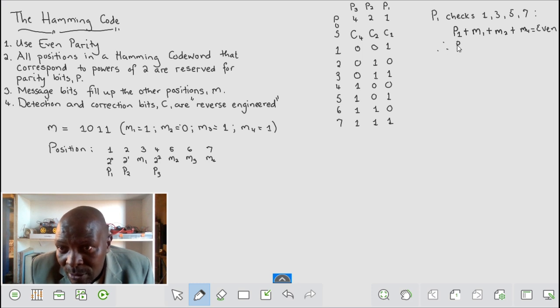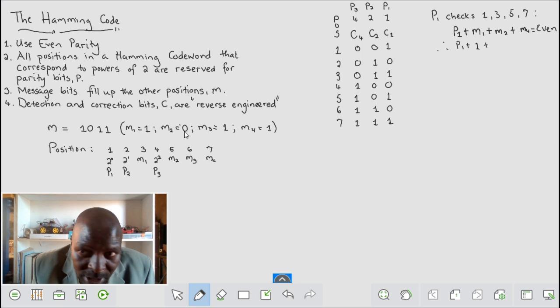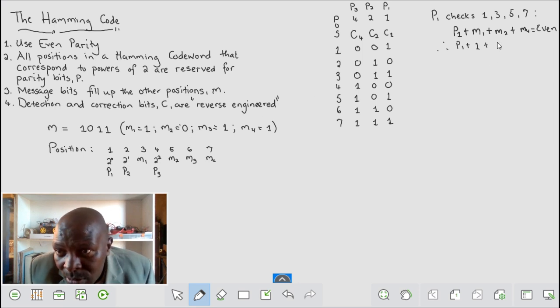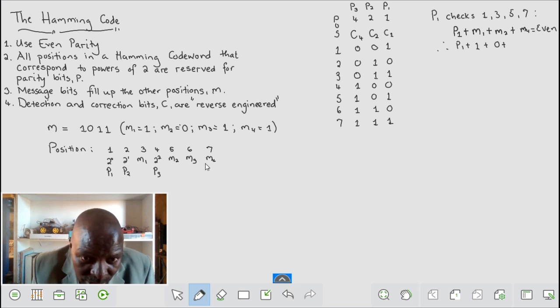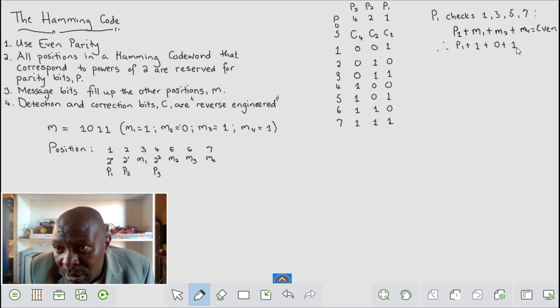Therefore, P1 plus message 1, we said it's a 1, plus the second message, it's a 0, plus the message bit number 4, we said it's a 1. This is supposed to give us an even count.